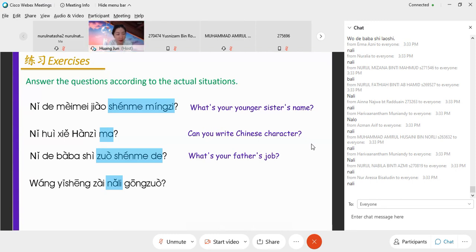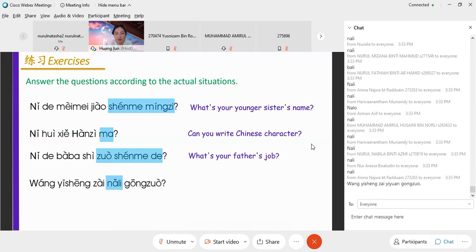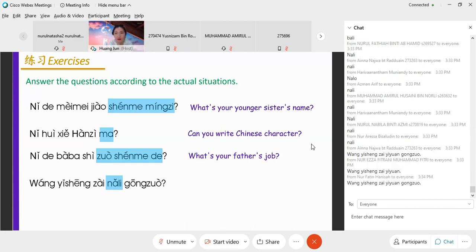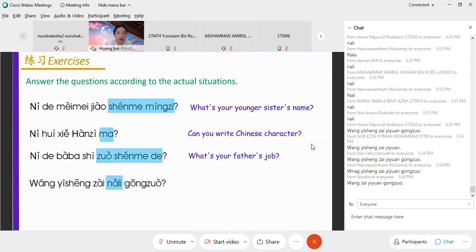First letter write in capital. When you finish, put full stop mark. We got the correct answer. Also, we have wrong answers.